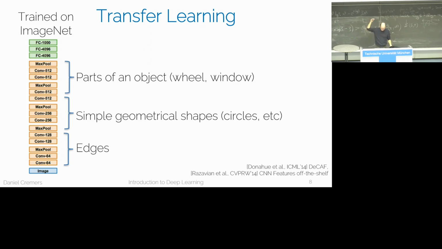And then on the higher level, I will be able to extract information about wheels or windows or more sophisticated geometric structures, right? And then these are the decision layers, the fully connected layers.